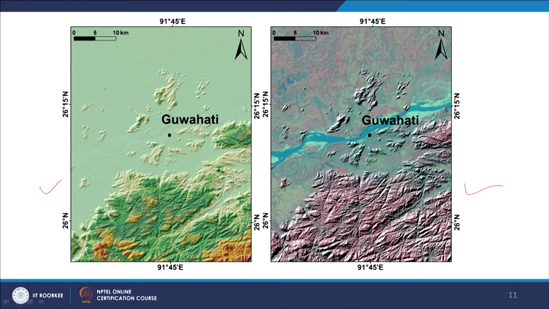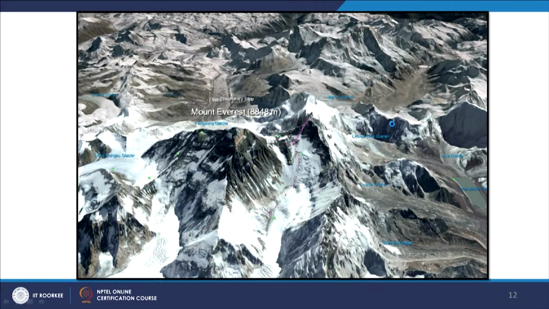That should be the purpose here. You are seeing very clearly that this Brahmaputra river is now clearly seen along with the undulations on the southern side of that river.